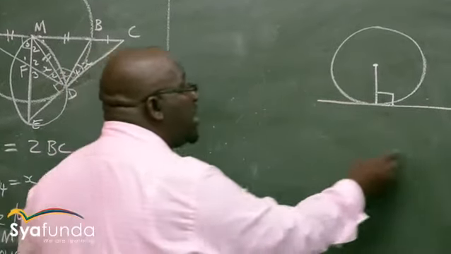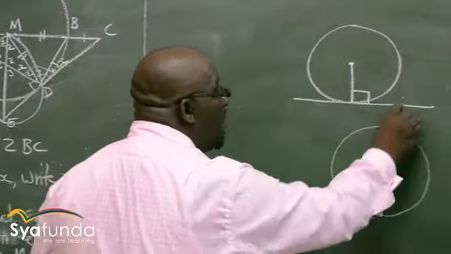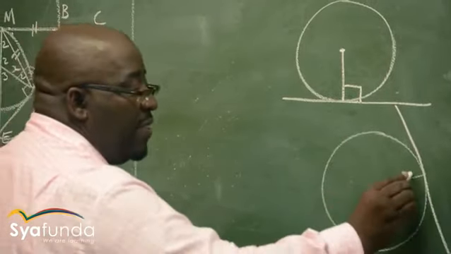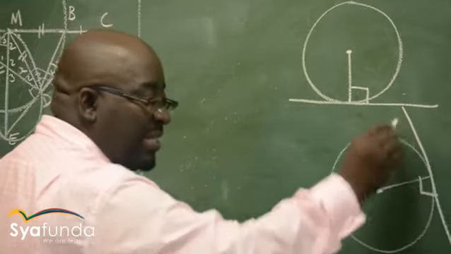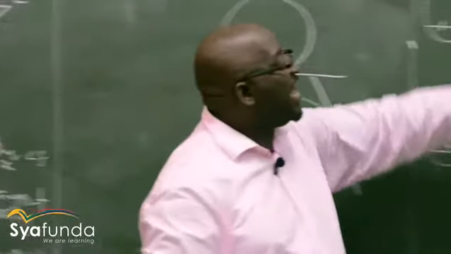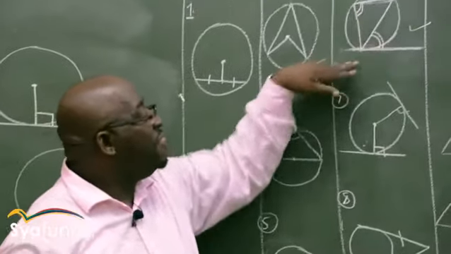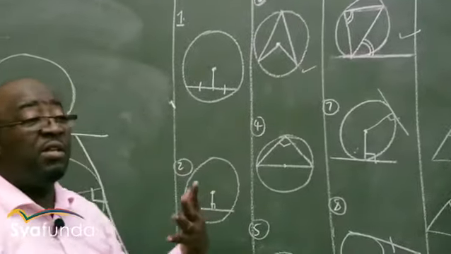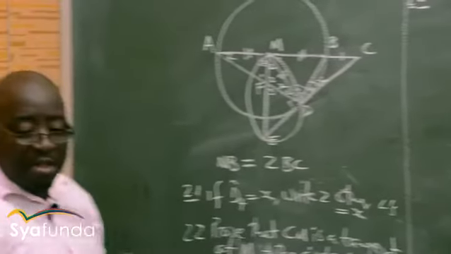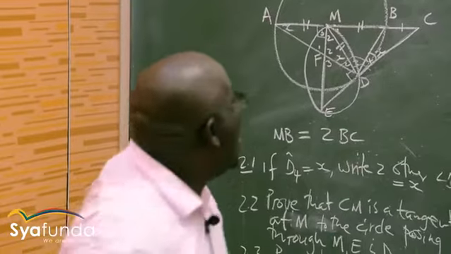So whenever I've got this situation from the center, if this angle is 90 degrees, definitely that one will be a tangent. Or if this angle is equal to that angle, definitely this line will be a tangent. I can play around with those two because those are the theorems that deal with a tangent.